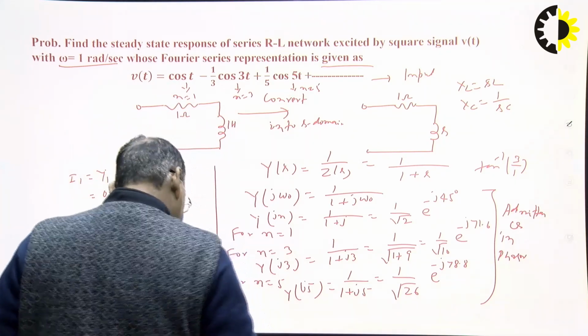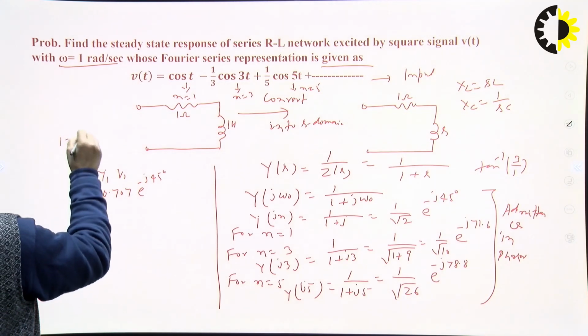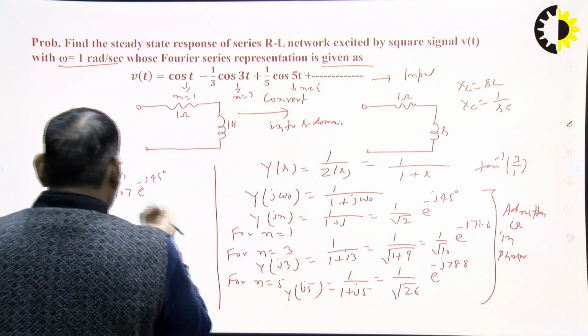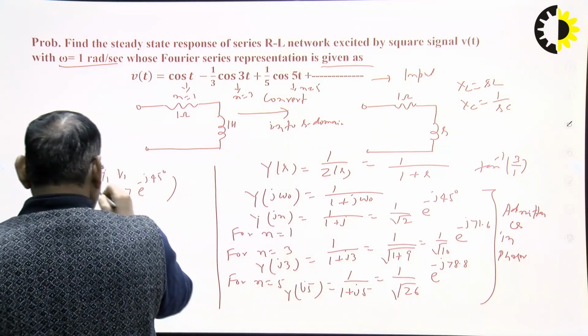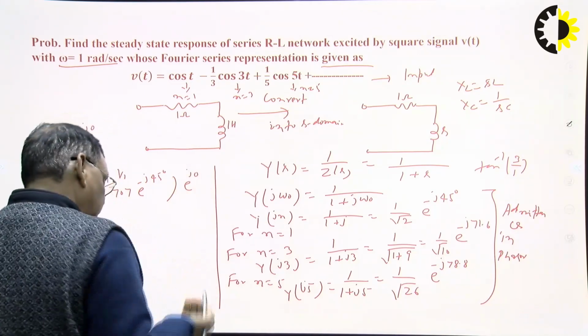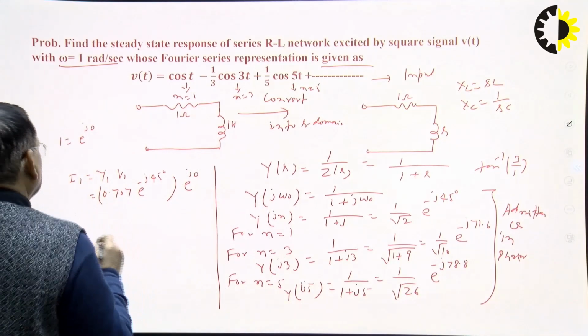The 1 can be written as e to the power j0, so e to the power j0 multiplied with it remains the same. So this is I1.